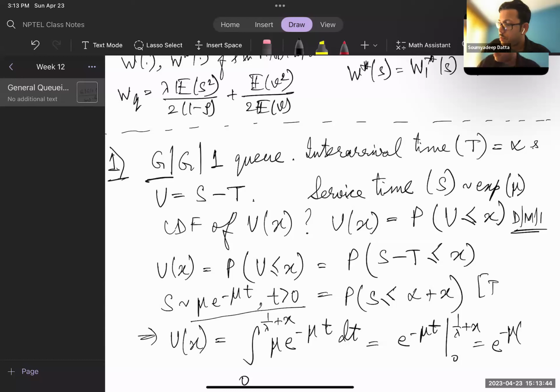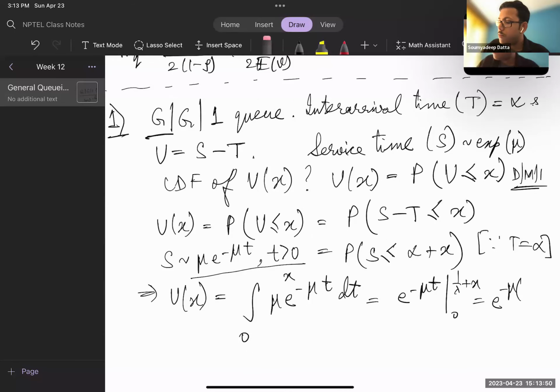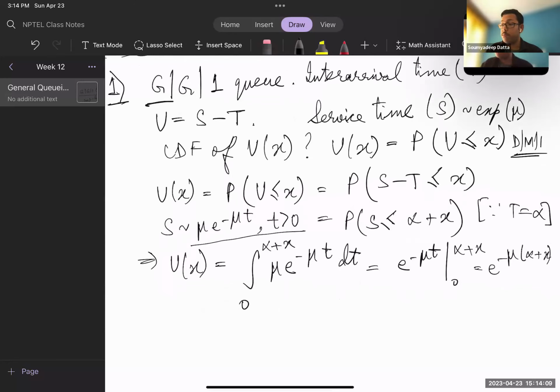And this is t equal to alpha. And then the integral limits will also change. So it is alpha plus x, e to the power minus mu times alpha plus x, right? So that's the answer for this problem, right?